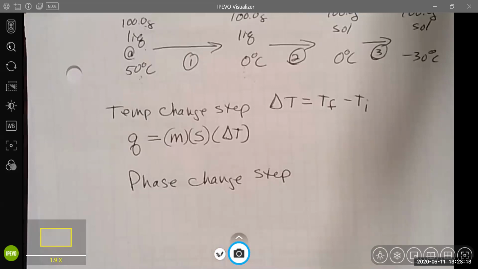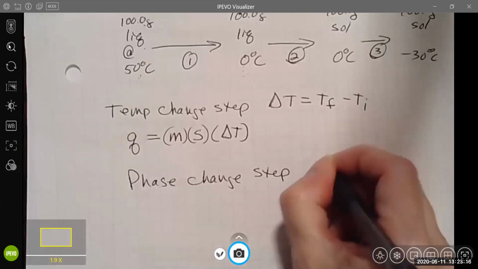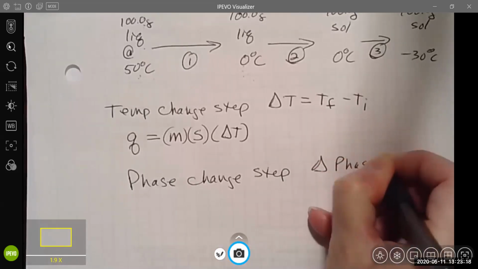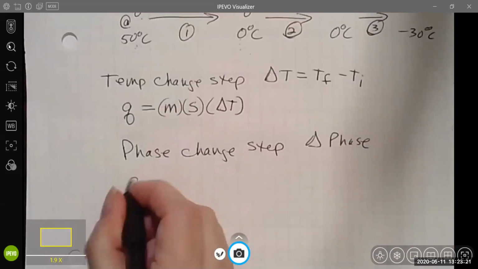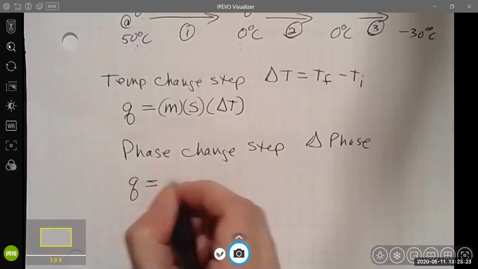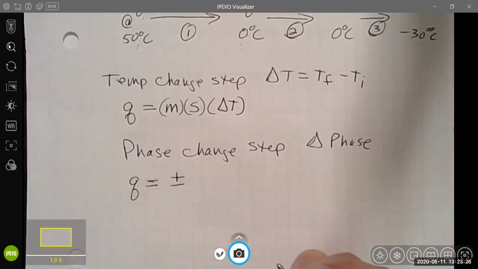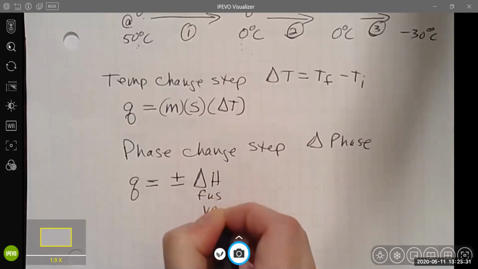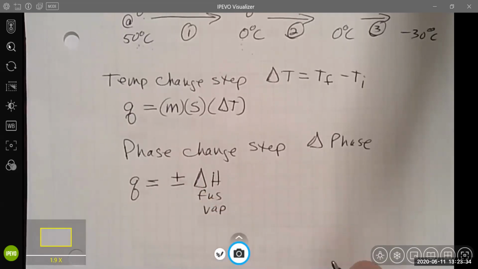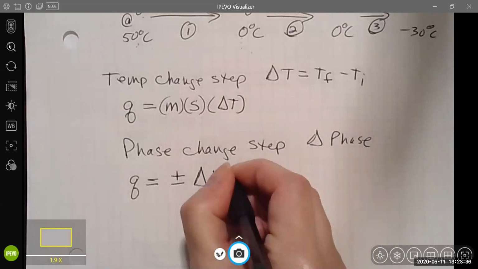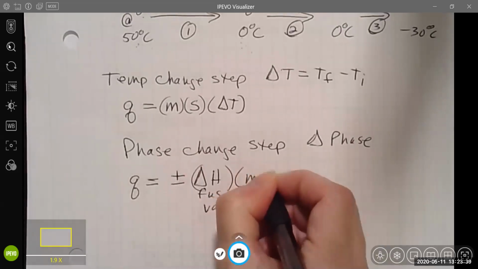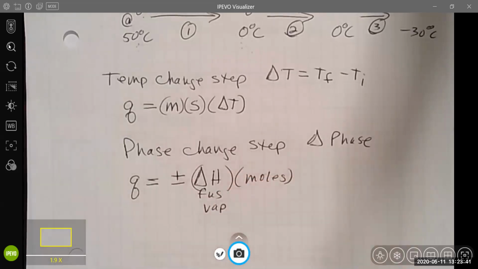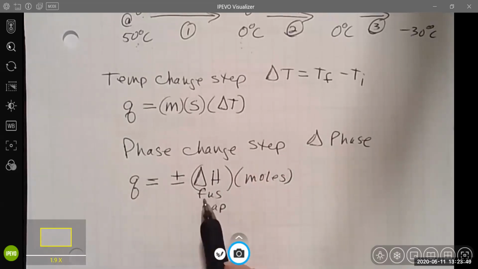For a phase change step, which you could call change of phase, the Q will be equal to, here's the tricky part, positive or negative delta H, and this could be fusion or vaporization, depending on what step you're doing, times moles. What's this about? Well, this formula works whether you're doing the fusion.